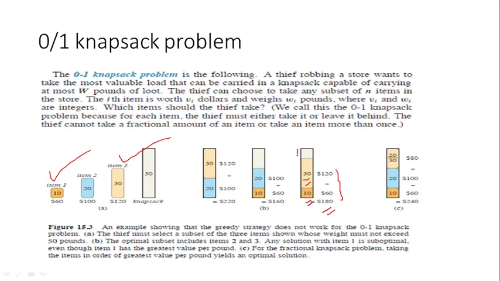So the remaining 10 gram is not possible to fill with the second item of 20, right? Because he has picked this 10 and he has picked this 30. 10 plus 30 is 40. The remaining portion cannot be filled with this one. It's not possible. So this is also a bad choice of greedy method.